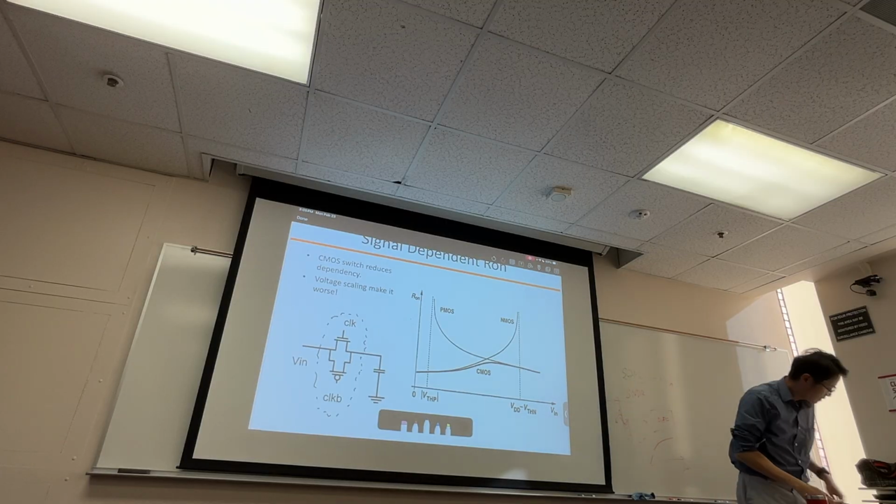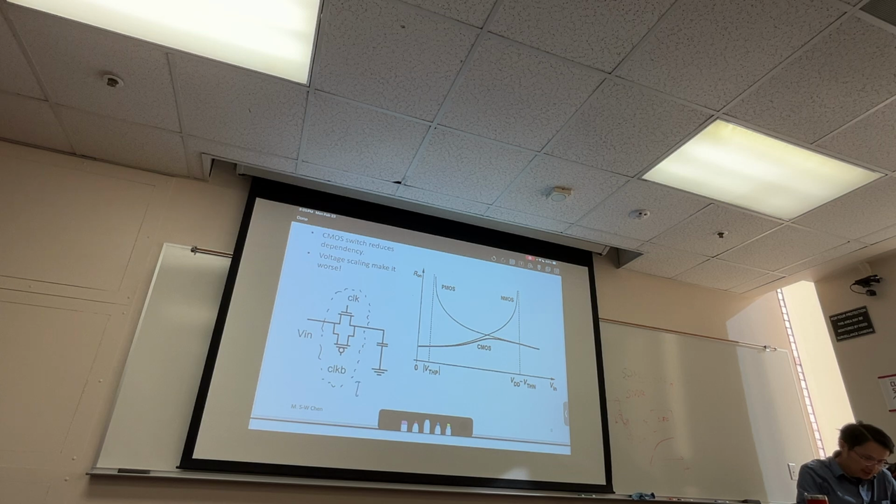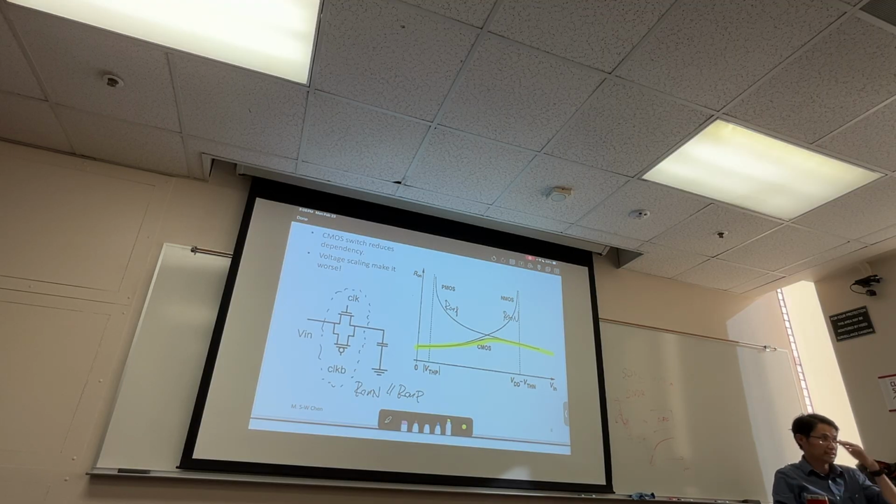Okay, so that is the bottom line. You do R on N in parallel with R on P, so one is R on P, the other is R on N. You do two in parallel and you roughly get something like this. So you can see that you are kind of capped within a particular bound.